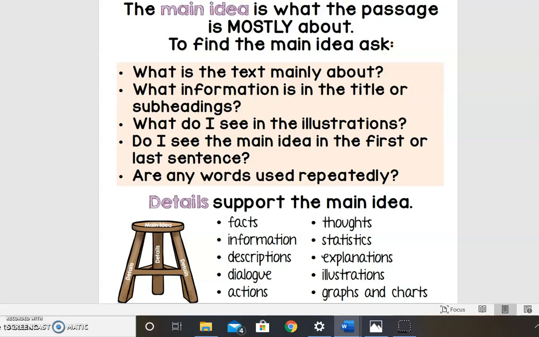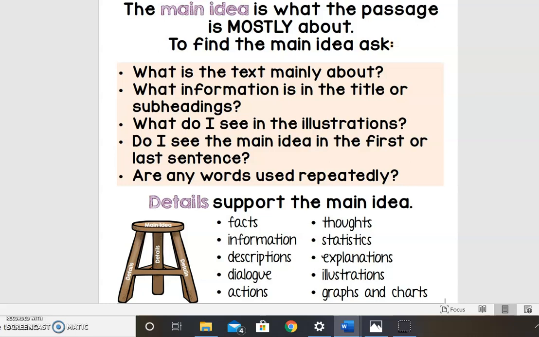So some of those deep details that support the main idea: information, descriptions, dialogue, actions, thoughts. Also statistics, where the author might use numbers or scientific data just to support an idea that he has. Explanations, maybe through, for example, a caption under a photograph.